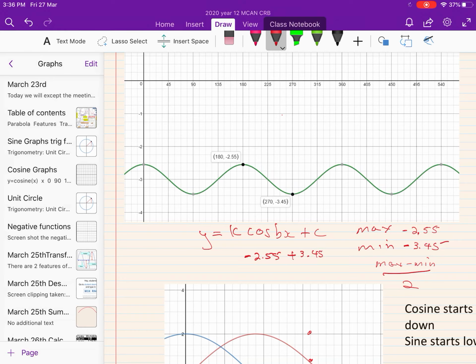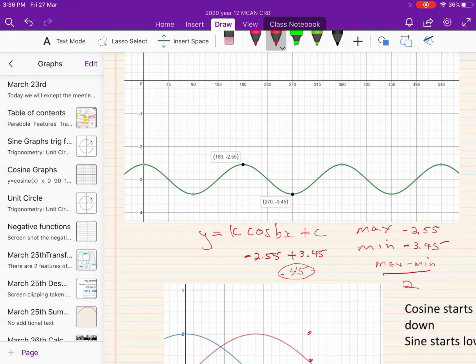So we'll throw that into our calculator, and what's that going to give us? That's going to give us negative 2.55 plus 3.45 divided by 2, 0.45. That's interesting. Okay, so that looks like that's my amplitude, 0.45.